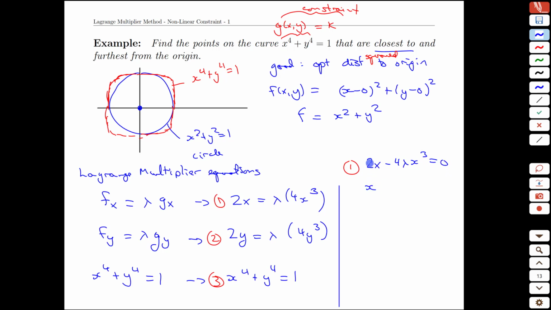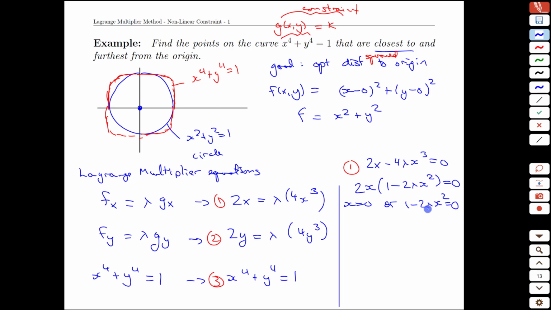There's a common x. We can have the 2 there as well. Then we'll have 1 minus 2 lambda x squared equals 0. And with that form, we get x equals 0, or we have 1 minus 2 lambda x squared equals 0.